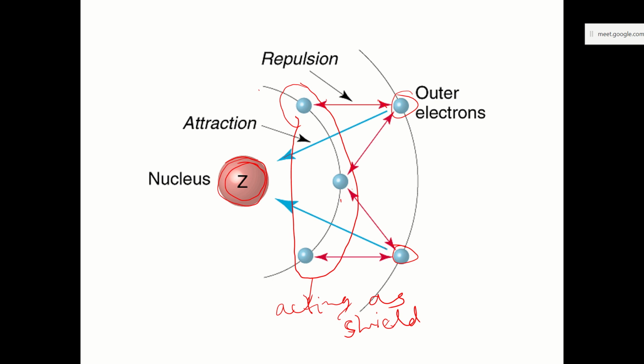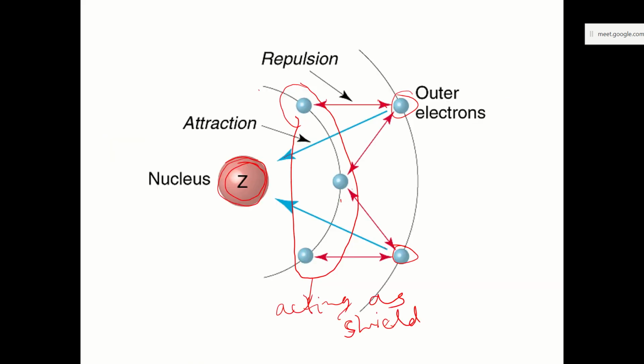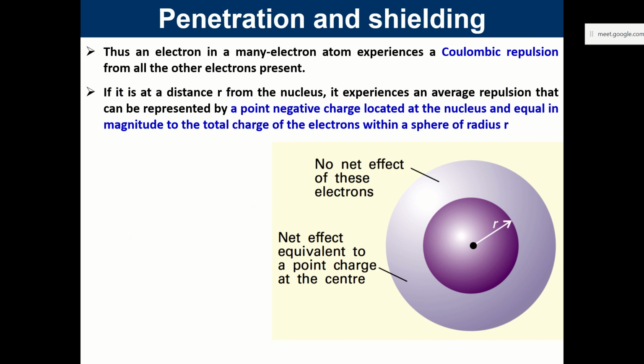So inner core repulsion, or you can say the interaction of inner core electrons with the outer electrons, which is giving rise to shielding, or simply say inner core repulsion is the reason for this shielding.